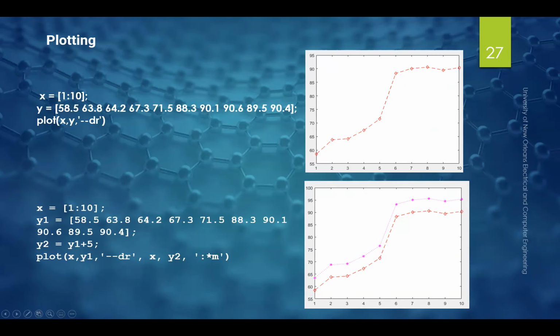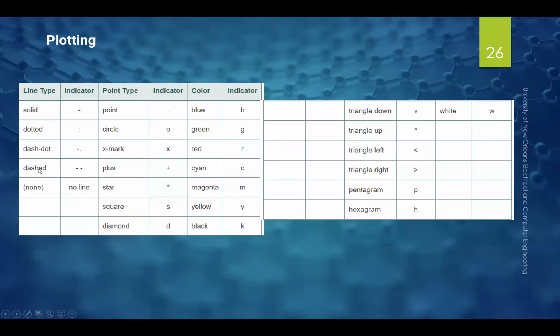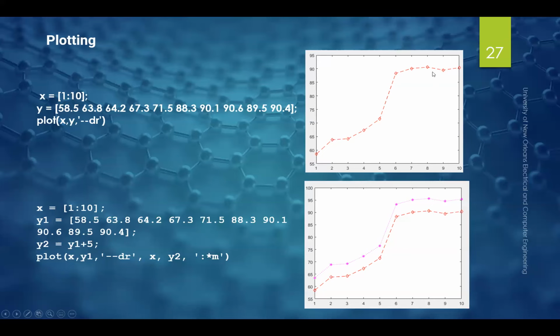So I have double dash. The line type is going to use a type diamond as an indicator, and it's going to be red. So dash dash DR shows the plot in that way. We're going to do a similar thing, with the x going over the same range.